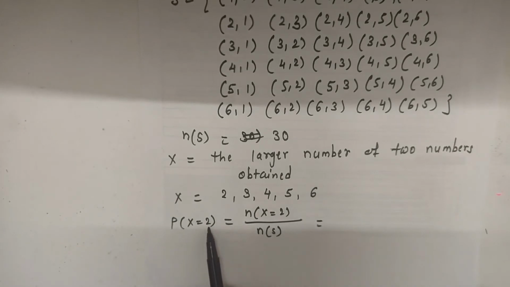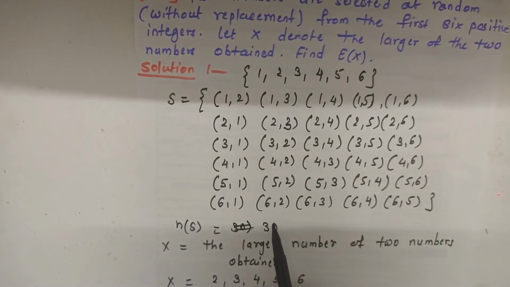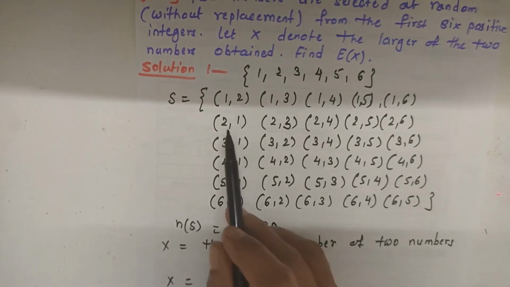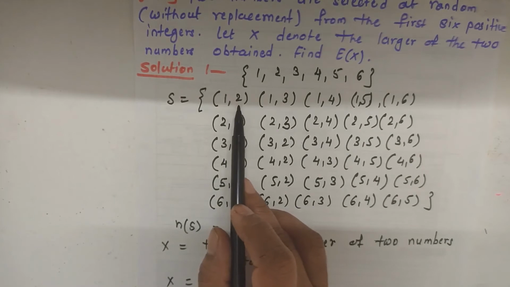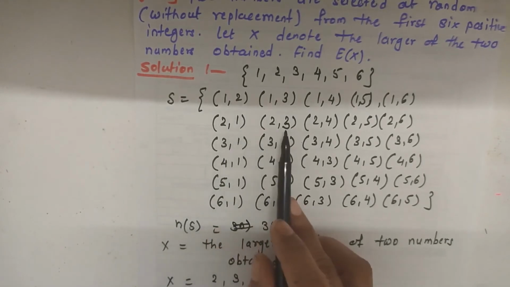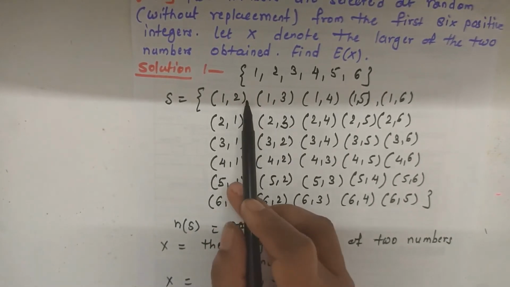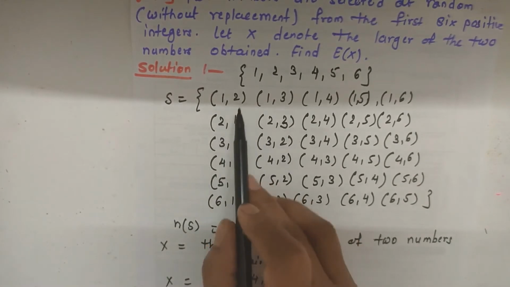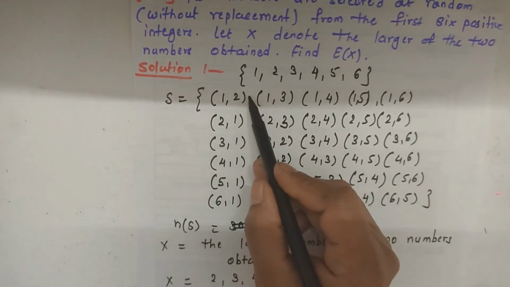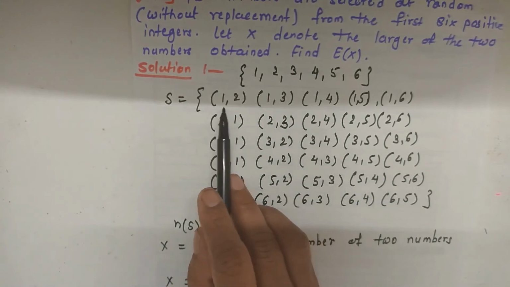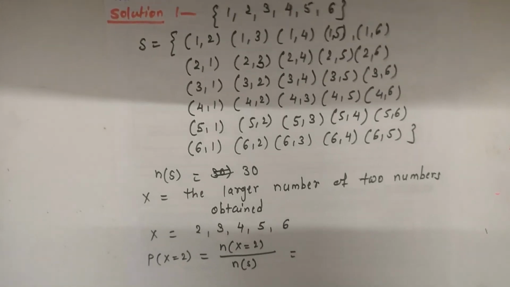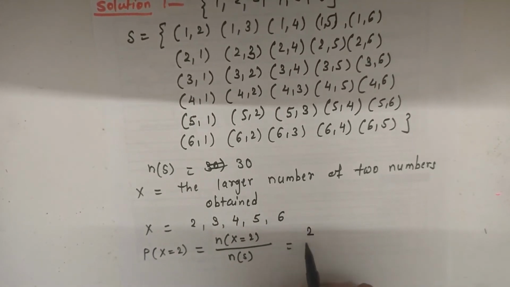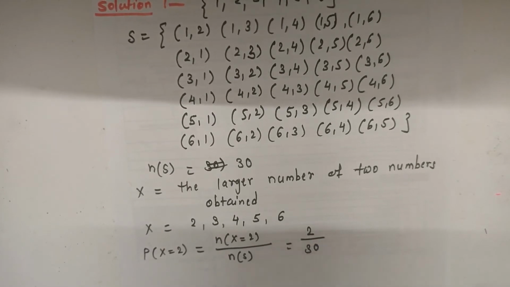If the larger number is 2, we have to find where the number 2 is larger. So the possible pairs are only (2, 1) and (1, 2). Only in these two pairs is 2 larger. So the probability of x equal to 2 can be written as 2 upon the total number of sample points n(S) is 30.